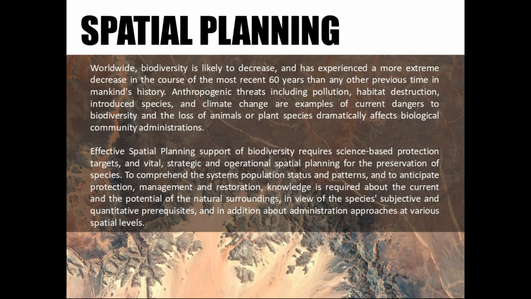Anthropogenic threats are among the main threats, and they include pollution, habitat destruction, reduced species, and climate change, which can lead to a huge deterioration in habitats and biodiversity, and loss of animal and plant species in many areas. In order to stop this and reduce the effect of human activity, we should have an adaptive management plan. And to produce a management plan, we need information that supports the decision maker in making the suitable decision in conservation of biodiversity.